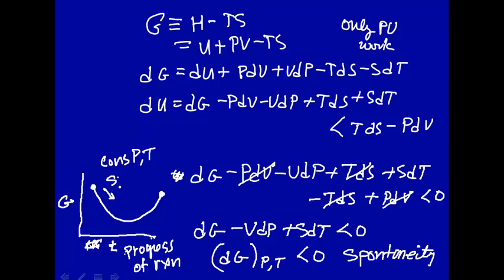This is spontaneous. dG is less than 0. You're decreasing the free energy. And this way is spontaneous. And right here, it's not spontaneous. It's not going that way. You already reached a minimum, so that's the equilibrium point. So in both cases, you want to decrease free energy for a spontaneous process at constant pressure and temperature. Finally, something we could use.